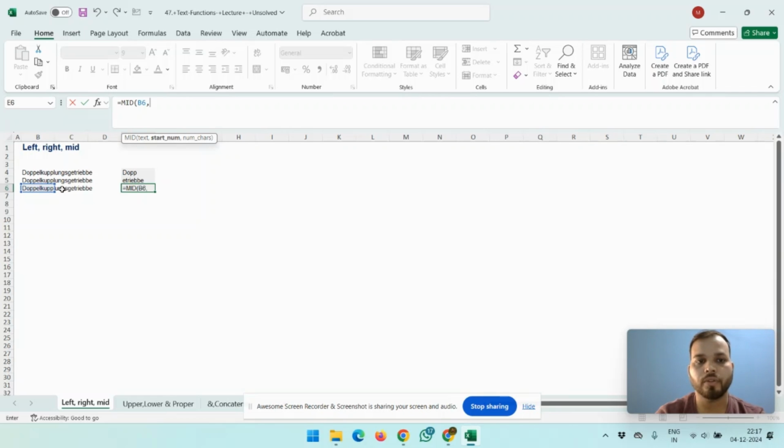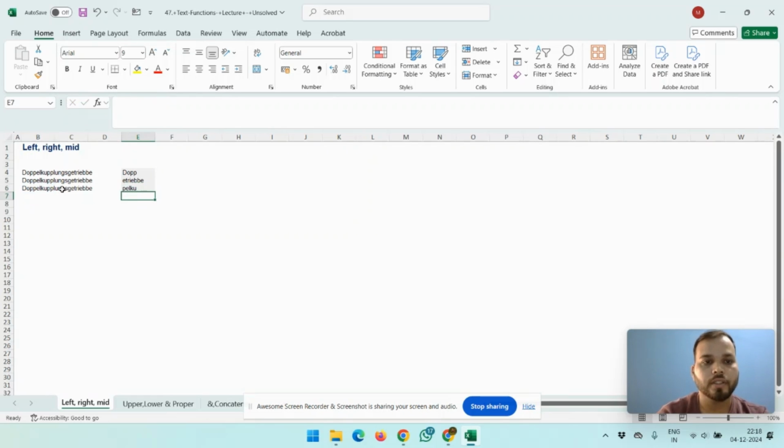I just start from the fourth. Now it asks how many characters you want after the fourth, and let's assume I want only five letters. So it starts from the fourth and gives only five characters: one, two, three, four, five. So it's done.